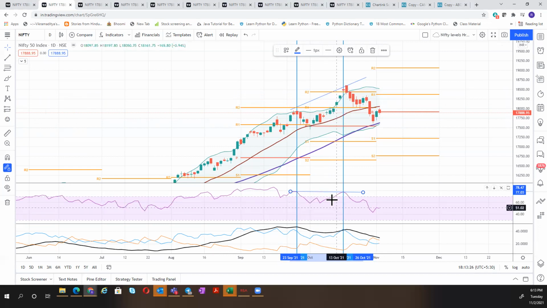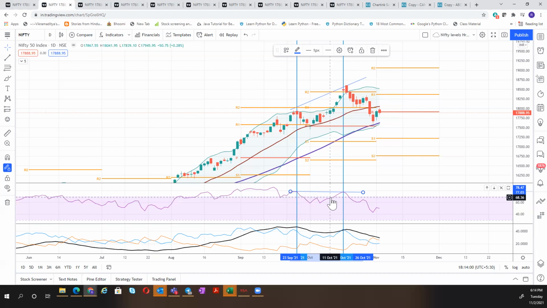Despite moving up, the buying and selling momentum indicator near this peak is at the same level. See here, prices are above the previous peak, but on the RSI, it is at the same level or less. So this is called divergence in the price. The price is going higher, but the momentum indicator is giving you a hint before a market crash that there is a negative divergence.